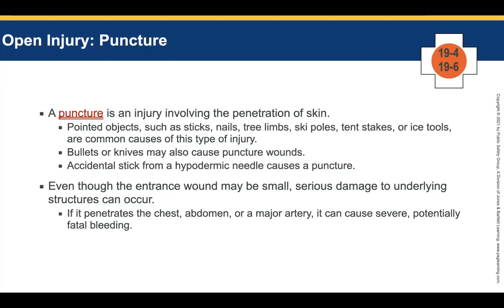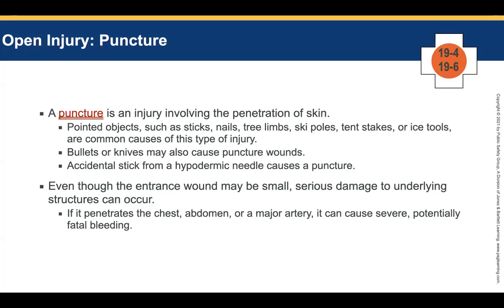Even though the wound may be small, the entrance may be small, underneath, serious damage to underlying structures can occur. It depends on how far it penetrates. Penetration through the chest, abdomen, or major arteries can cause severe, potentially fatal bleeding. Again, mechanism of injury: know where it went in and what structures lie underneath.